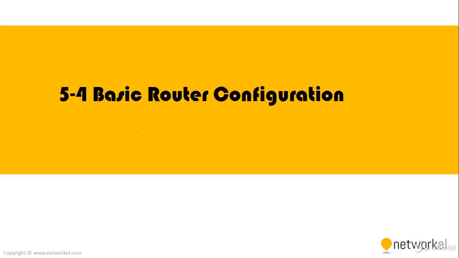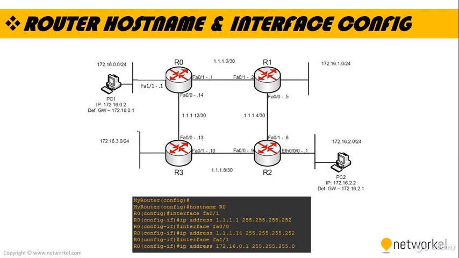So let's take a look at the basic router configuration now. In a basic router configuration, we can simply configure a host name, for example. Let's say that we have a router named my router. In config mode, I need to type the hostname command and give a host name to our device.